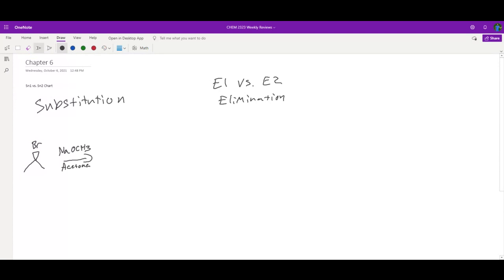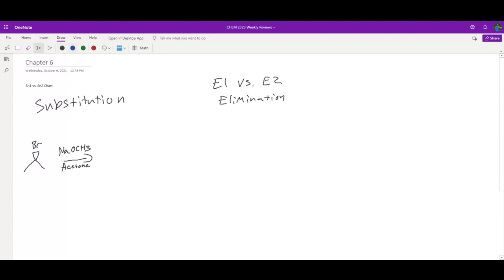You'll have a page full of reactions, two pages, however many pages of just reactions. You have your substrate, your starting point, what you're reacting with, and your product, which you'll have to draw out, unless it's multiple choice. There are multiple parts to this reaction.